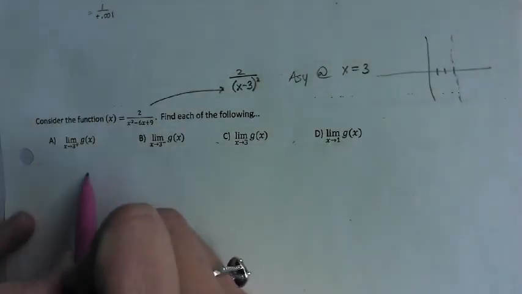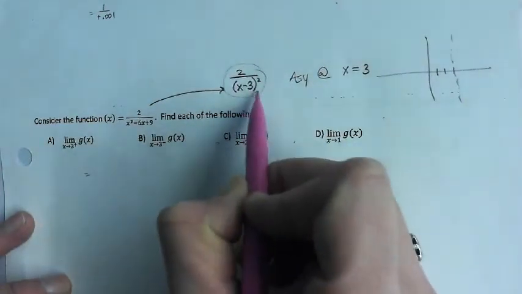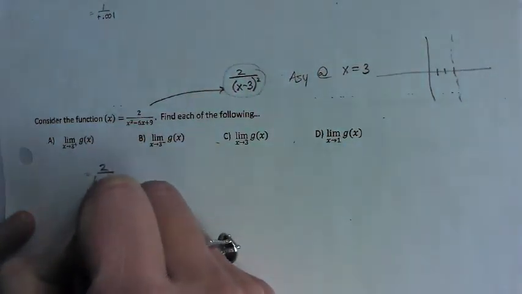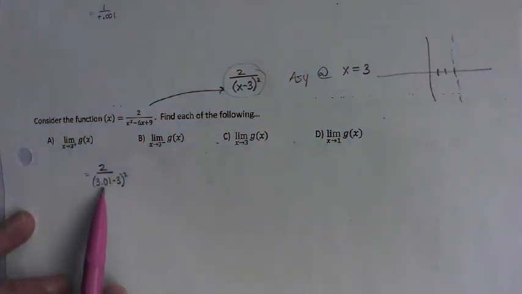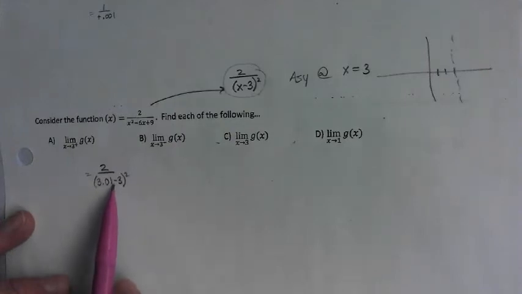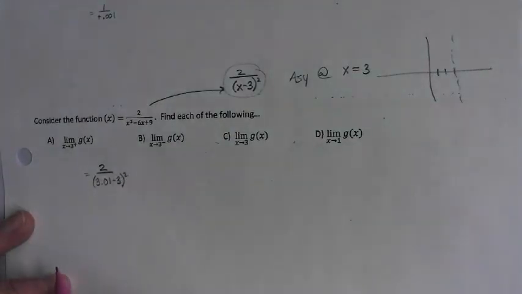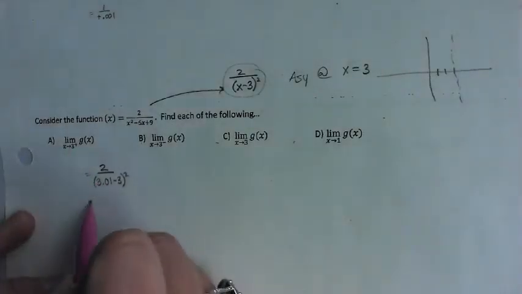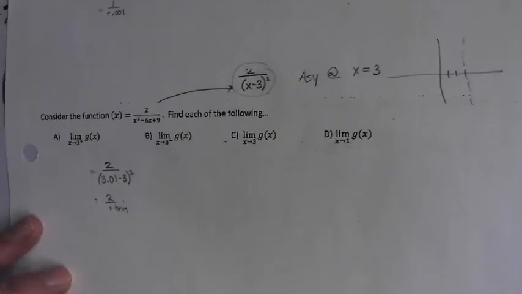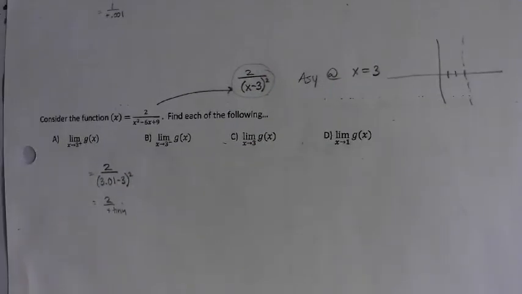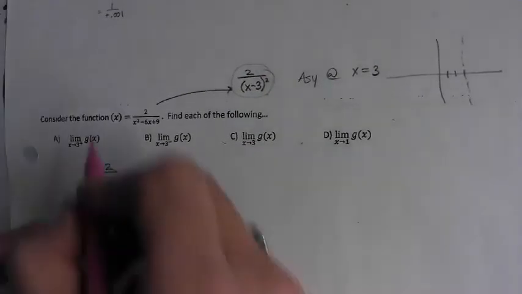So if we do that, and I would obviously recommend plugging into here, 2 over (3.01 minus 3) squared is obviously going to give us a positive tiny number. Square that tiny number, it's going to be even tinier. And it's going to be positive, right? 2 over a positive tiny number. 2 over positive tiny. I'm just writing that so that we can remember what we were thinking. And that's going to be positive infinity.